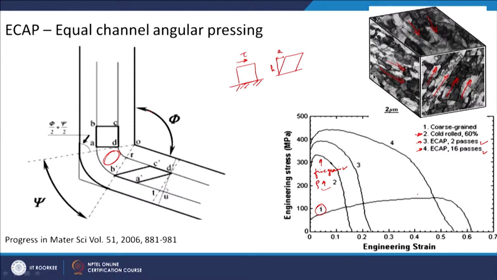Of course, there must be some microstructural changes which we do not know, but if you go to the paper here you will be able to get all the details on why the strength and ductility both have improved. But the idea here is that from coarse grain, if you keep refining, if you keep putting strain in the material, there is an increase in strength, and sometimes there is also an increase in ductility with the strength.